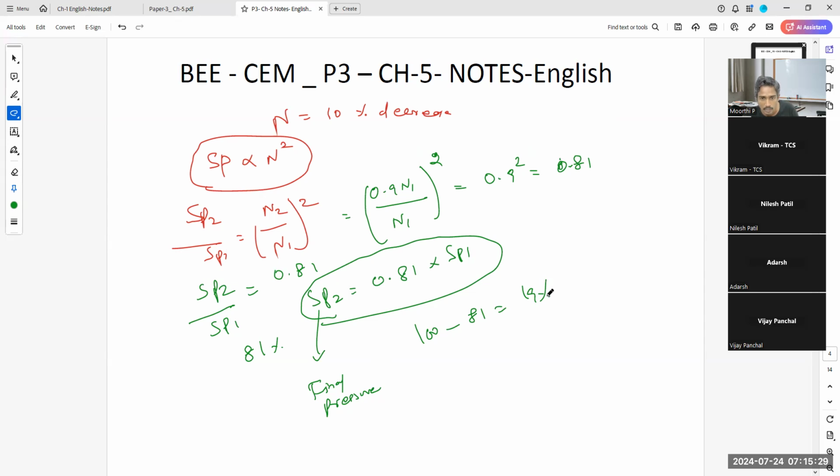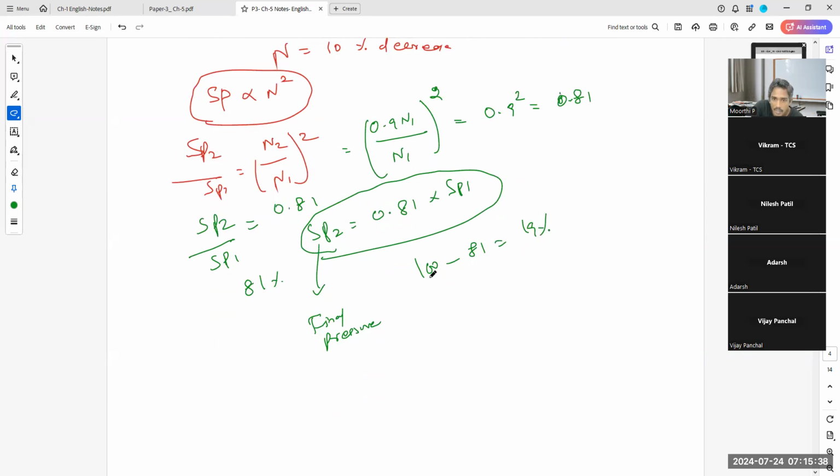Can you understand this one? Understand, na? Any doubt? Tell me. SP2, the final pressure, equal to 0.81 times SP1. That means SP1 equal to 100%. Then 100 minus 81%, then 19%.